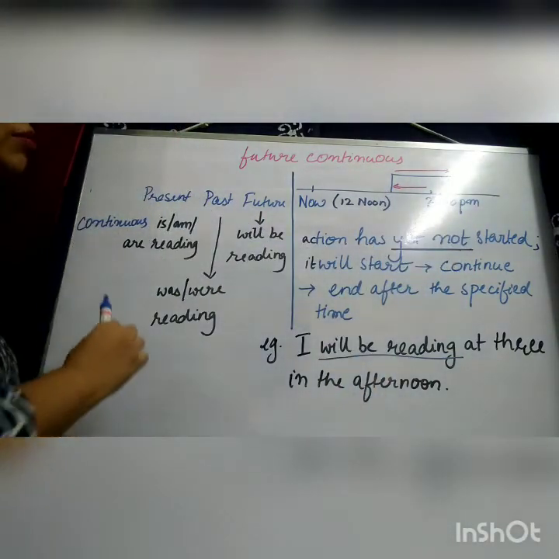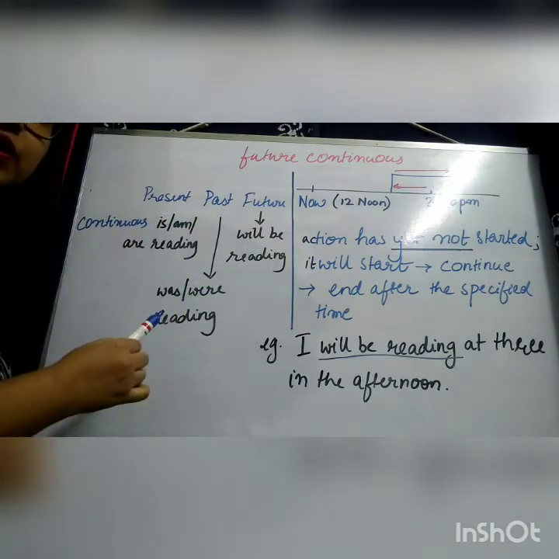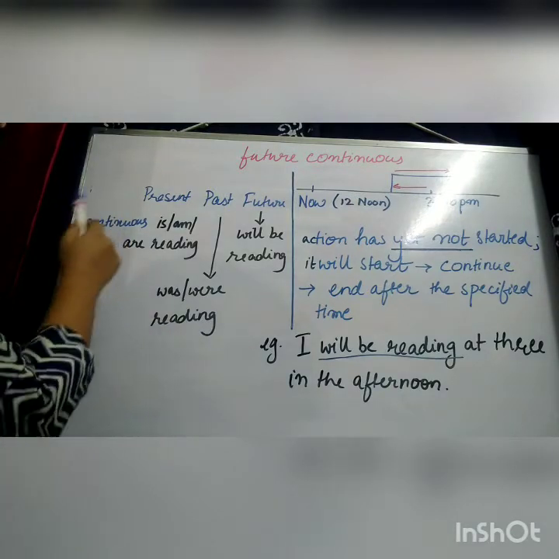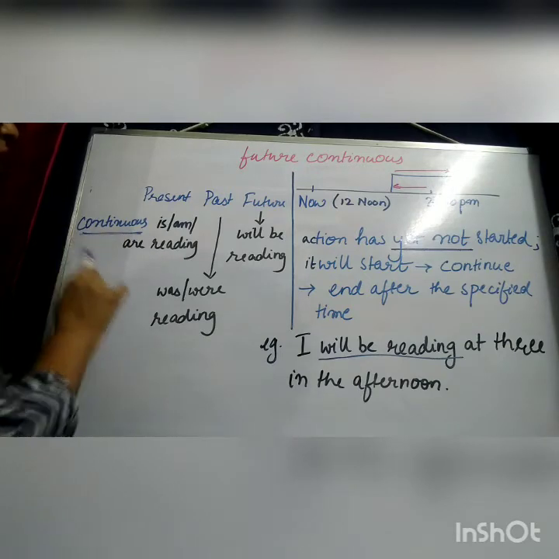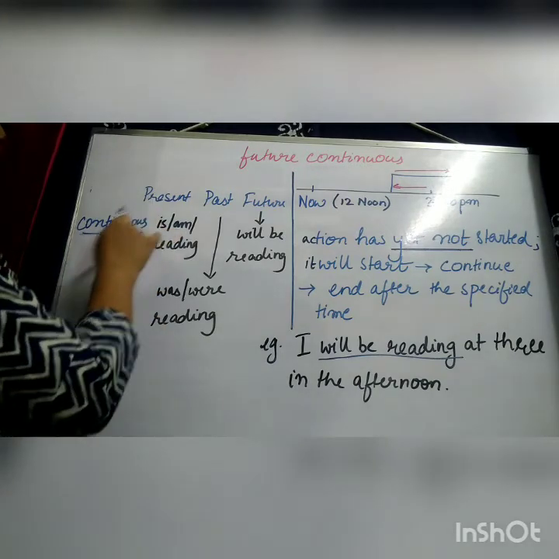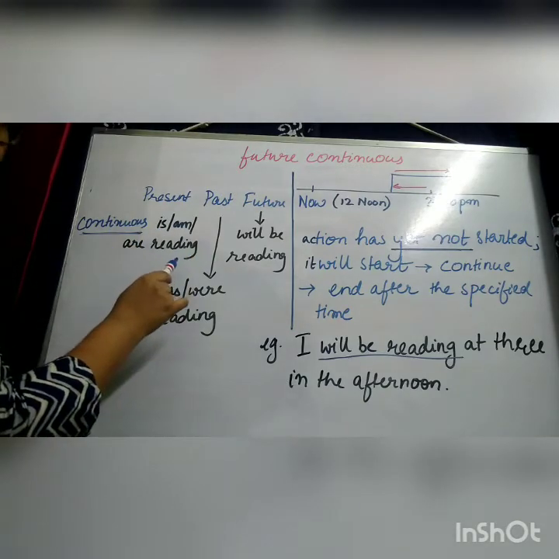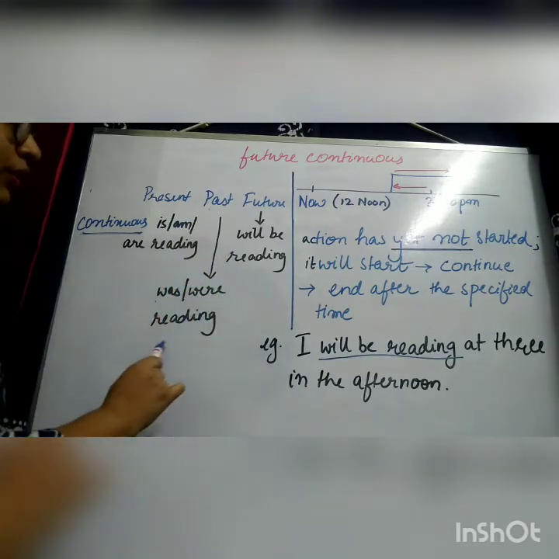So children, if you remember, I was writing a chart in a previous portion. Over there, you will notice if I continue to write over there, now we have studied continuous tense. So present continuous is written as is, am or are reading. Past continuous is written as was or were reading.